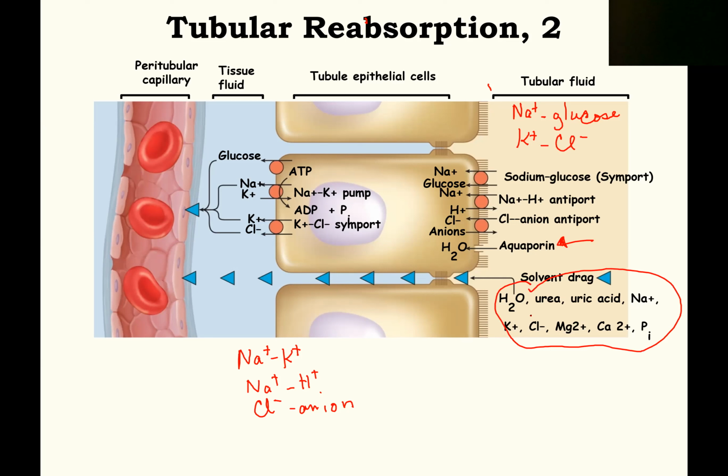So water, urea, uric acid, sodium ions, potassium ions, chloride ions, magnesium ions, calcium ions, and inorganic phosphate. And that gives you most of the mechanisms. It's not the only mechanisms, but it's the big ones.